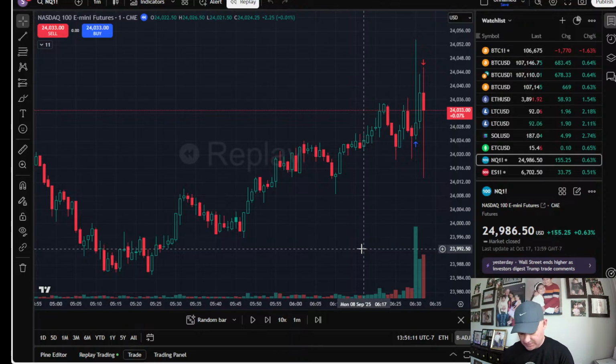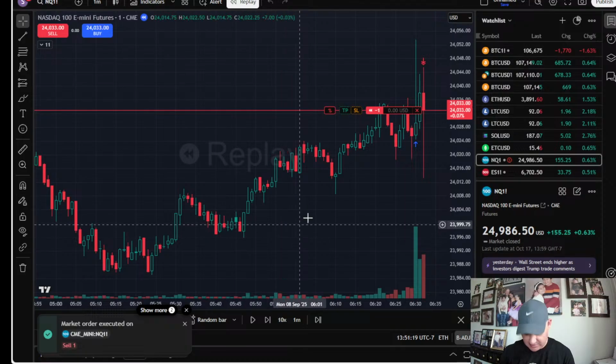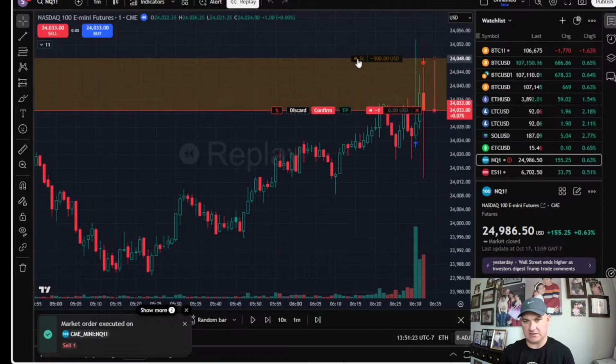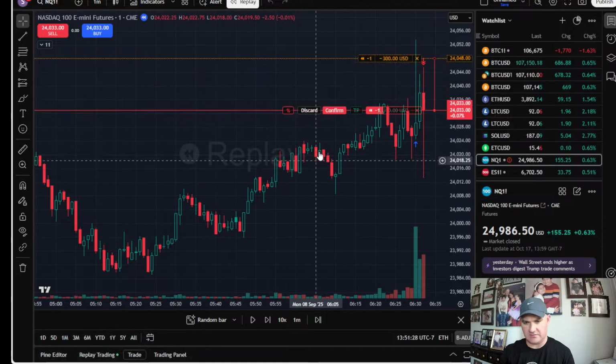Now it wants to sell at this price. It's interesting that it's basically having me jump right in. Stop at 48, it said. Target the even number.